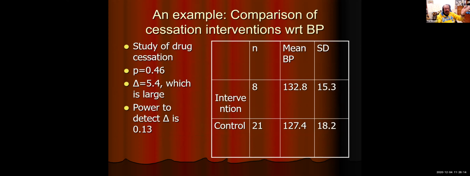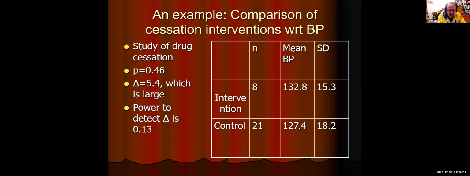So here's an example of exactly what we were just talking about: blood pressure. This particular study was looking at the effect of drug cessation in someone who's, let's say, addicted to cocaine, and we're trying to see, in the two groups, those that get the intervention versus those that get some control, what effect it has on the individual's blood pressure.